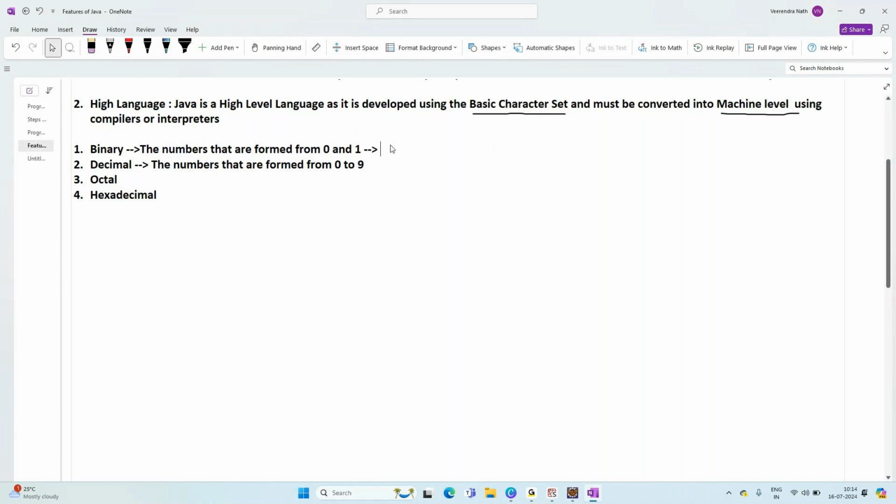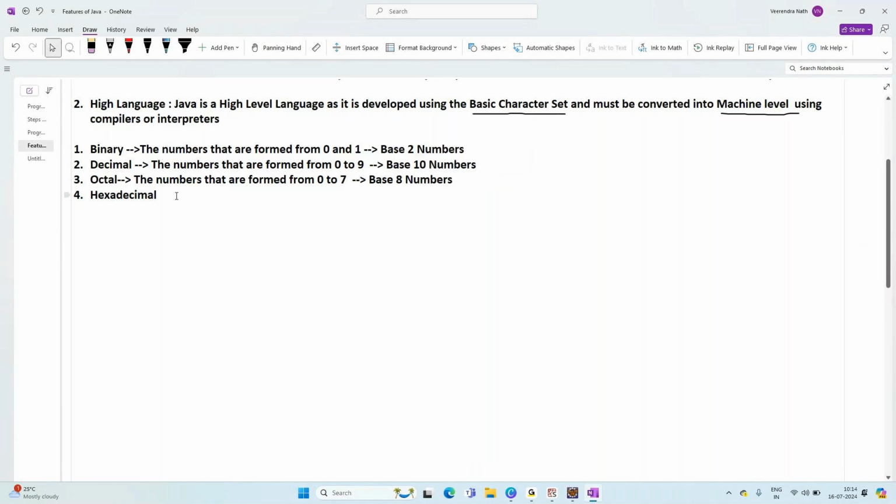Binary numbers are base 2 numbers, and decimal numbers are base 10 numbers. Octal numbers are formed by the combination of 0 to 7, so they are known as base 8 numbers.